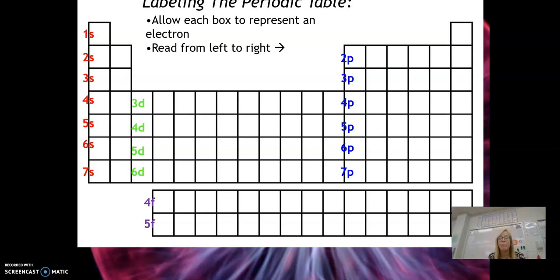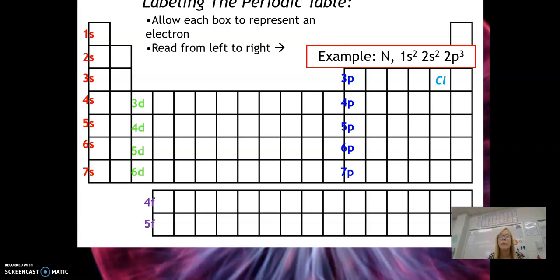And so we can fill our electrons this way. If each box is an electron, you can read it from left to right. So if you were doing the electron configuration of nitrogen, we would do 1s2, 2s2, and then 2p3, if that makes sense, right? So 1s2, 2s2, 2p3.